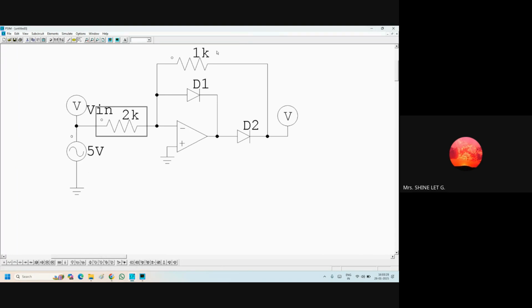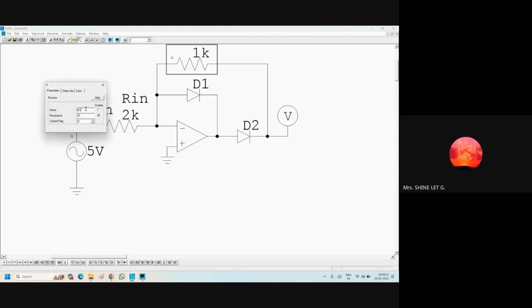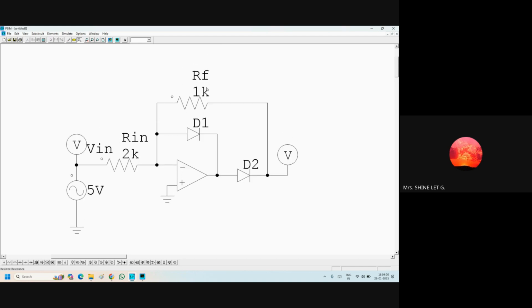Everyone understood the impact of the feedback resistor and the input resistor? If both feedback and input resistors are the same, there is no amplification in the output. And if the feedback resistor is greater than the input resistor, then you will get an amplified output.